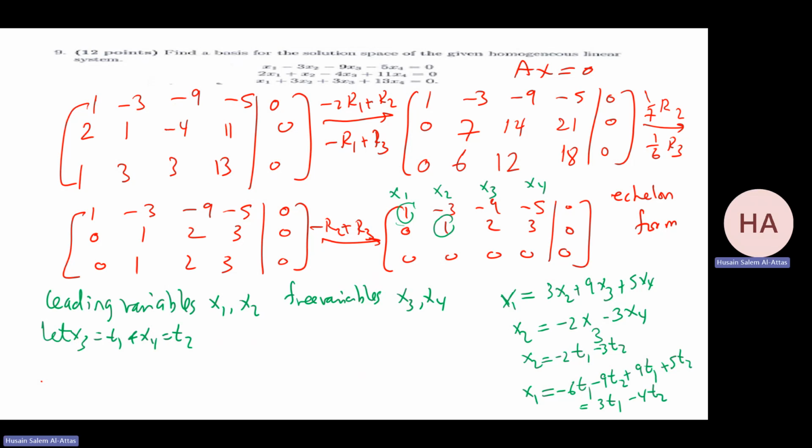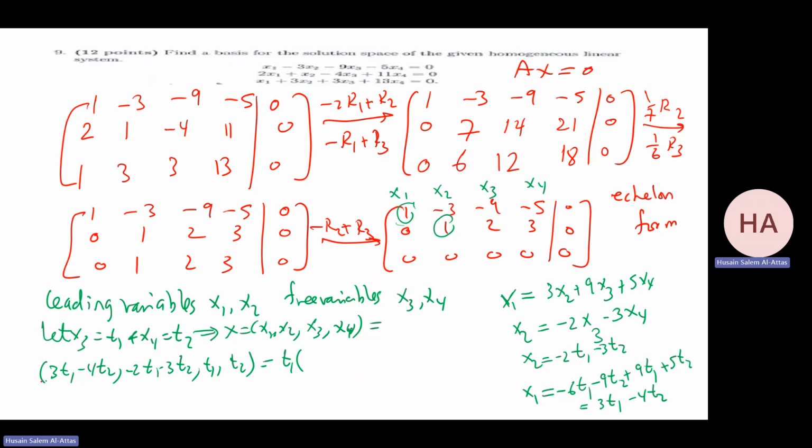Correct? Yeah. So my x, which is x1, x2, x3, x4, will be equal to what? x1, in terms of t1 and t2, is 3t1 minus 4t2. x2 is minus 2t1 minus 3t2, and then t1, t2.